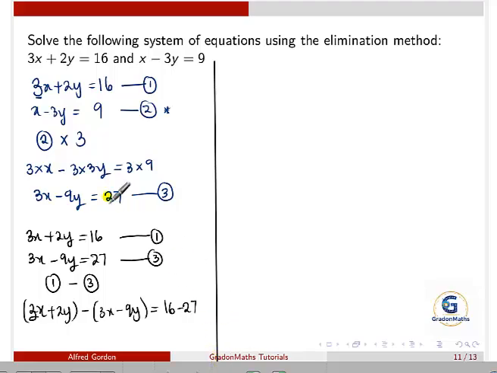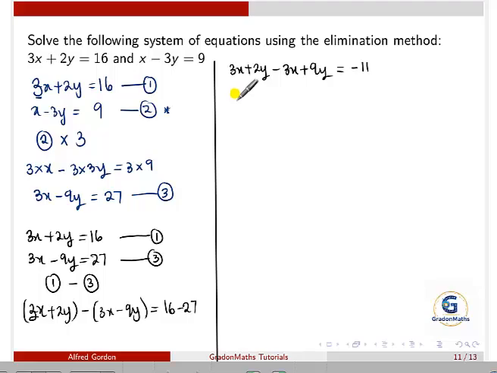Stay with me, don't go anywhere. Let's do it quickly. We have 3x plus 2y. Now expanding the negative will give us negative 3x, and plus 9y is equal to 16 minus 27, which will give us negative 11. Yes, that's correct, negative 11.